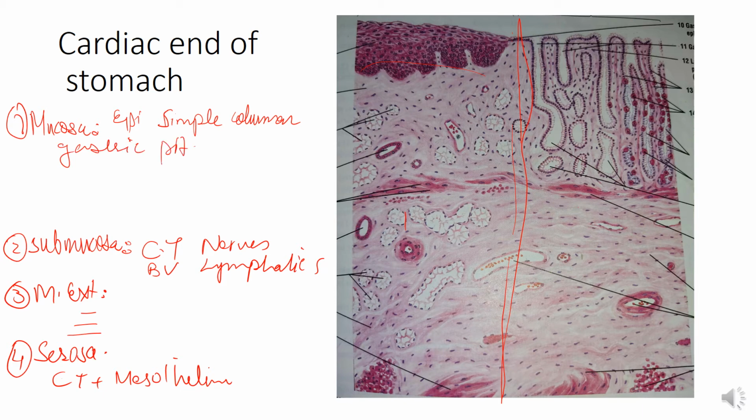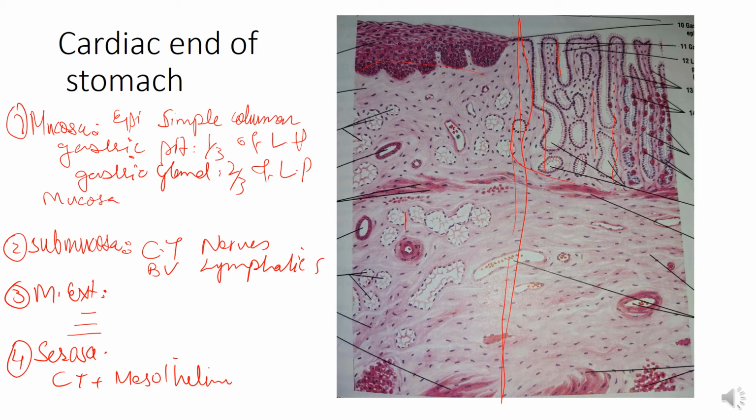So here again you can see that gastric pits are shorter while the glands are longer. The gastric pits are 1/3 of the lamina propria, while the gastric gland occupies 2/3 of the thickness of the lamina propria, and the cells you can see here. Mucus cells are abundant again here.